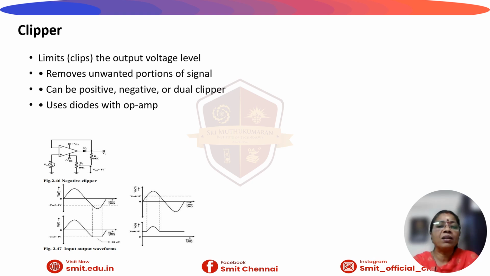Below the reference level, the output voltage is 0. And similarly, if V reference is negative, the portion below the reference level is clipped off and the portion above the reference level acts as a voltage follower, so the output follows the input. The waveforms are thus shown in positive clipping and negative clipping.